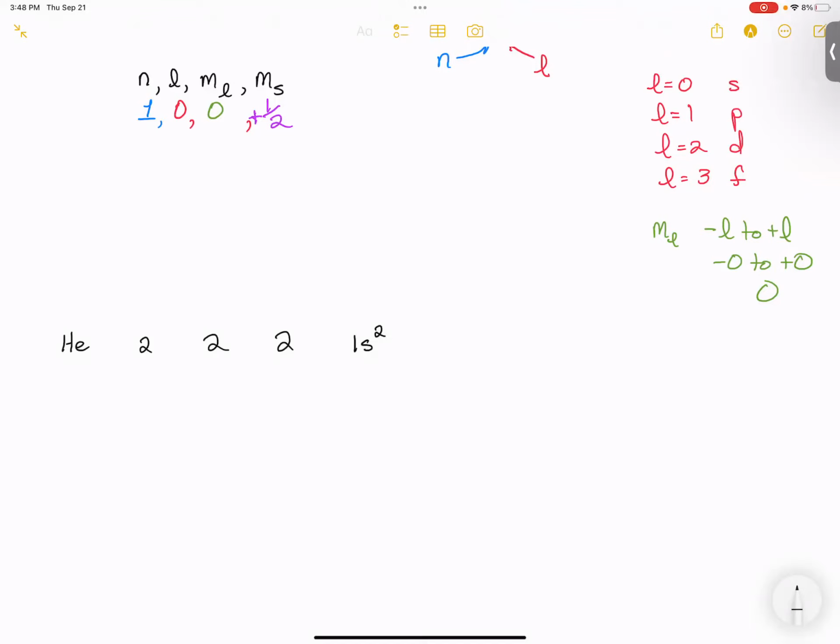So let's do the box diagram. Again, if we're dealing with an S subshell, we're only going to have one orbital. And in this case, you have 2 electrons, one up and one down.